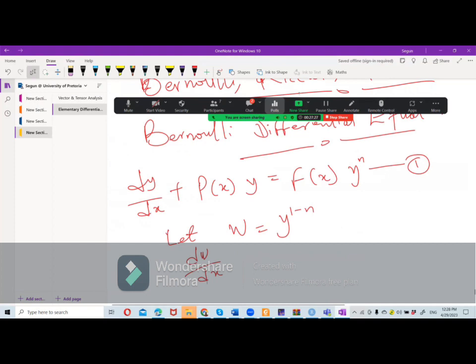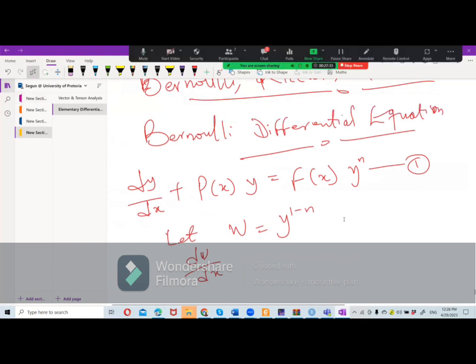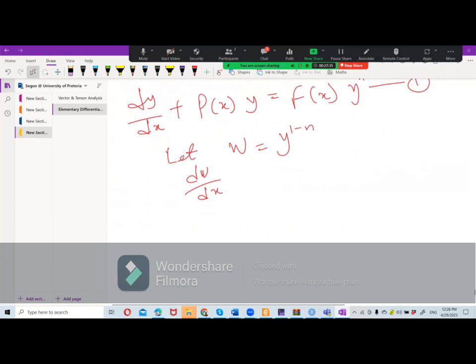So dW/dx: who can tell us, if you are given this type of equation and they ask you to differentiate with respect to x, remember what it means? Using implicit function. So it's going to be dW/dx equals (1 minus n) y to the power minus n dy/dx.